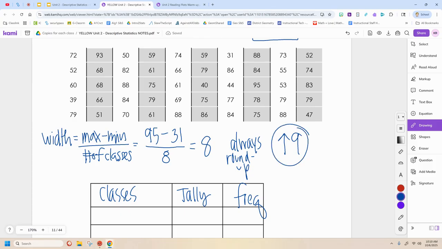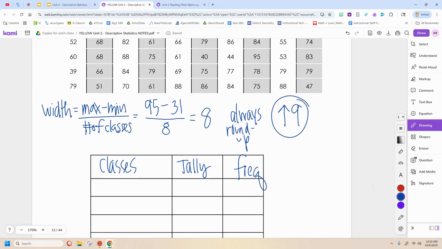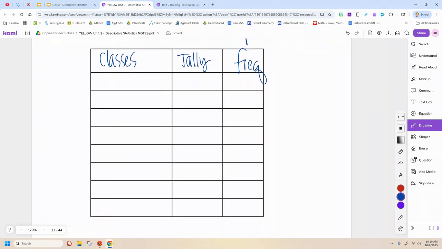Okay. So important. So here we go. Our youngest person is 31. So we start here and we add 9 to fill in the lower bounds.